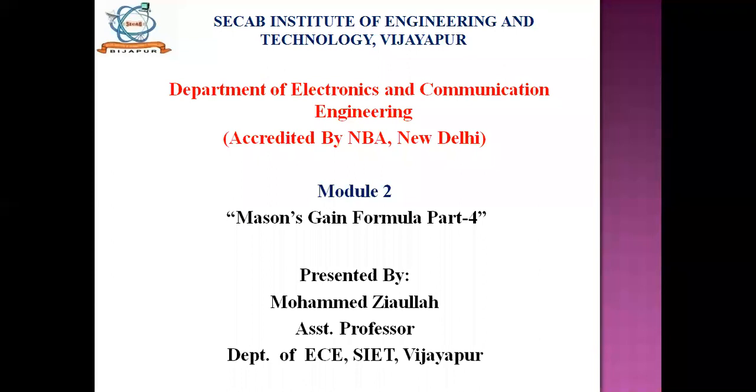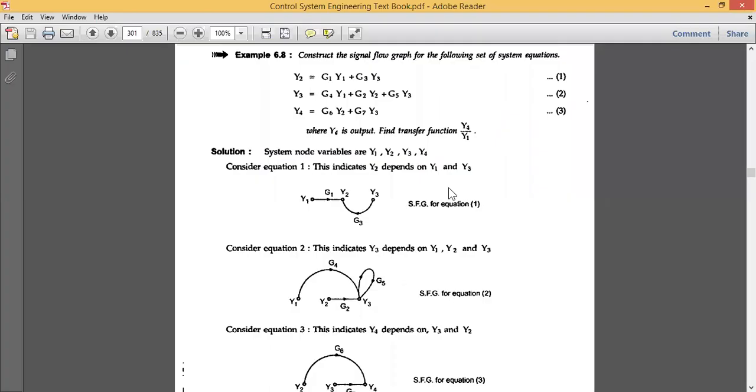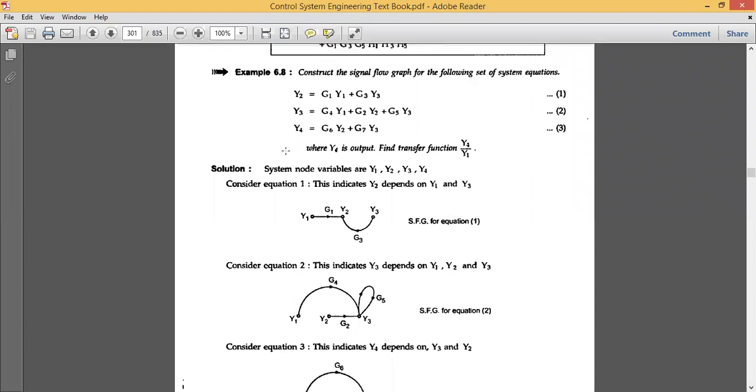So here, let us consider an example: construct the signal flow graph for the following system functions. Here three system functions, some equations, are given. Based on the equations, we need to find the overall transfer function.